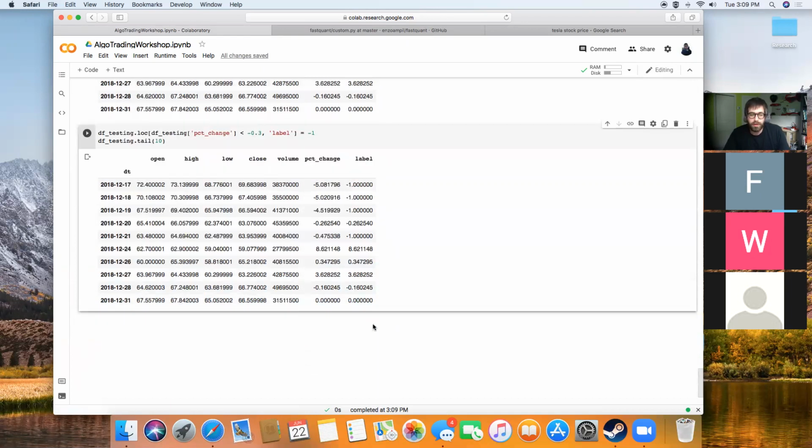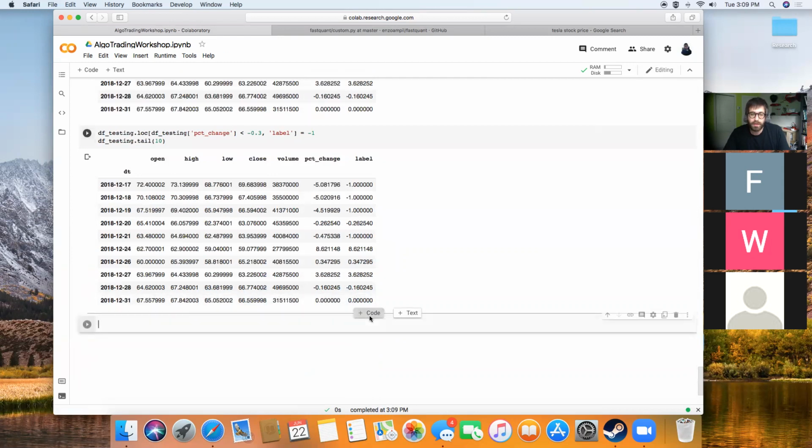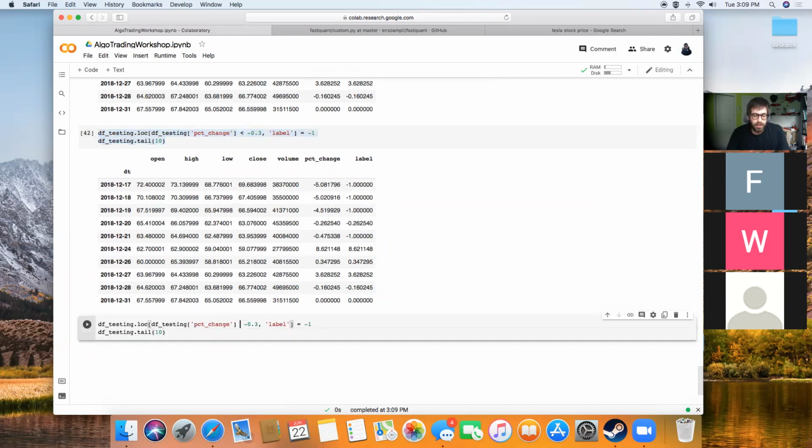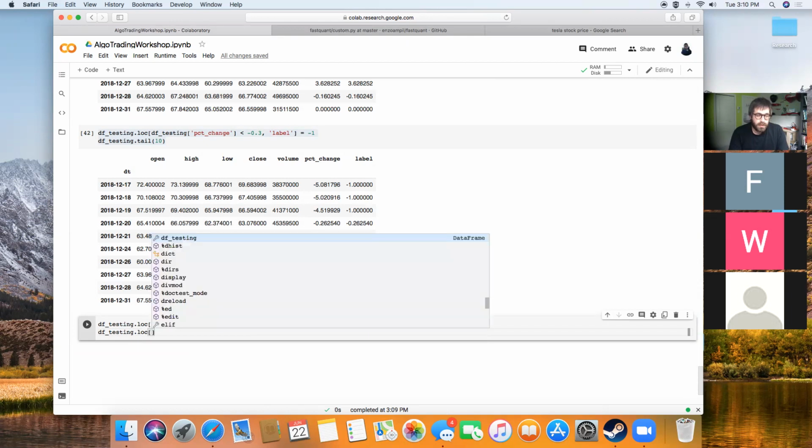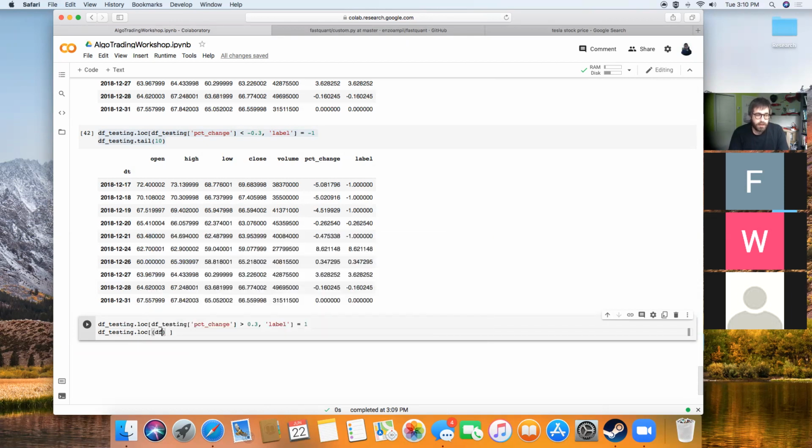So we will do the same for the other 2 classes. So if the percentage change is greater than 0.3, for example, we're going to buy. So we're going to make the label equal to 1. And if it is between -0.3 and 0.3, we're going to just hold. So the last one would be a bit more complex, because we're going to be comparing 2 things, so we'll need the parentheses.